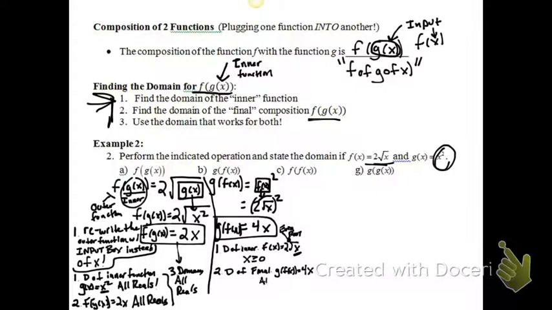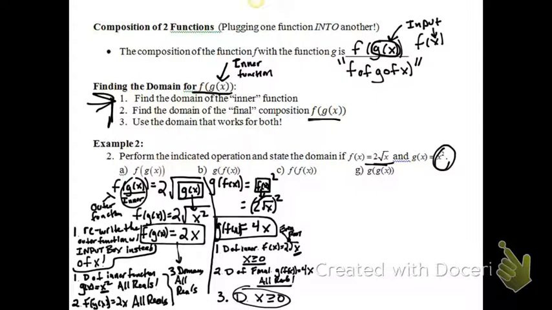So this would be all reals. Alright, now third and final step is to put all of that together. If you take into account that for step 1 we have to pick x values that are non-negative or bigger than or equal to 0, and then step 2 is just all reals, you have to pick the most restrictive and say, alright, my final domain is going to be all x values bigger than or equal to 0.